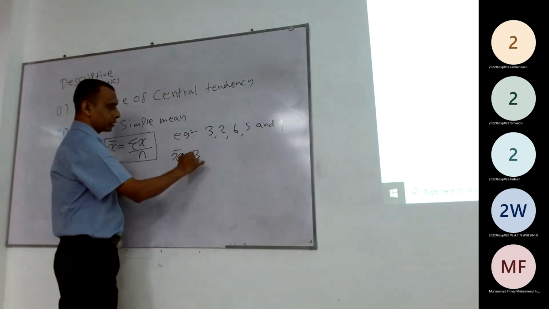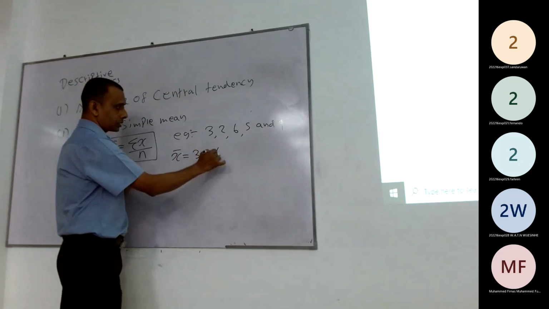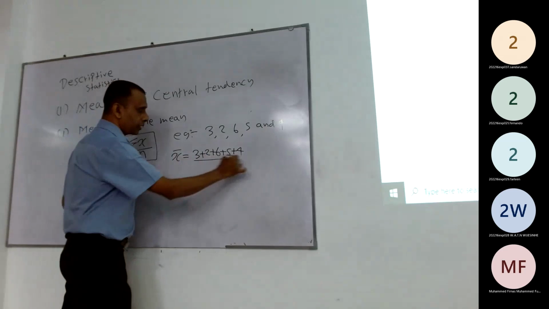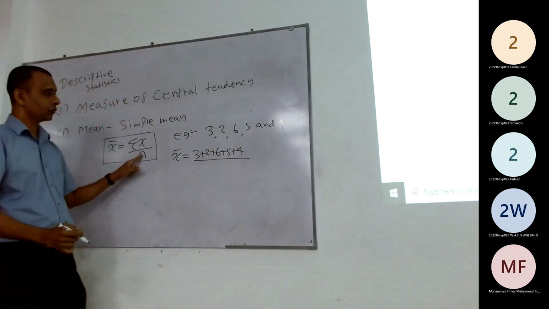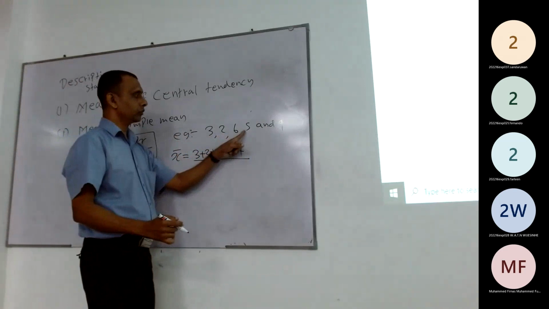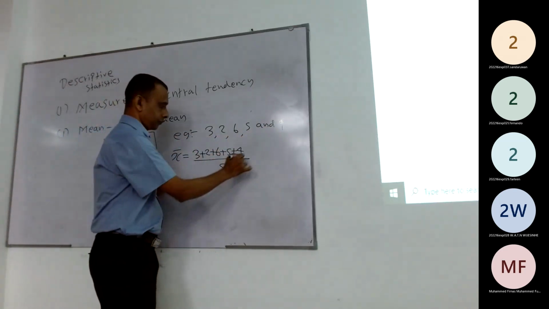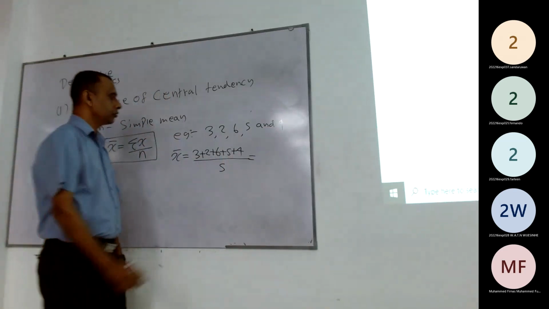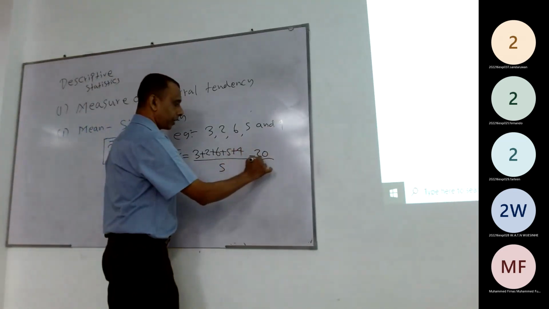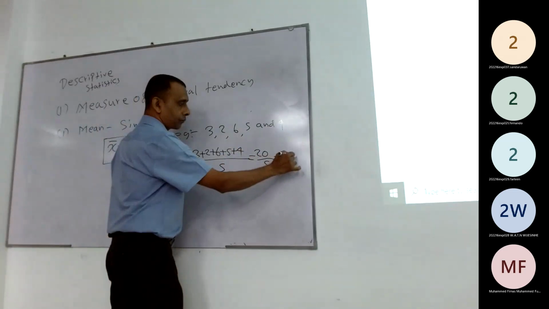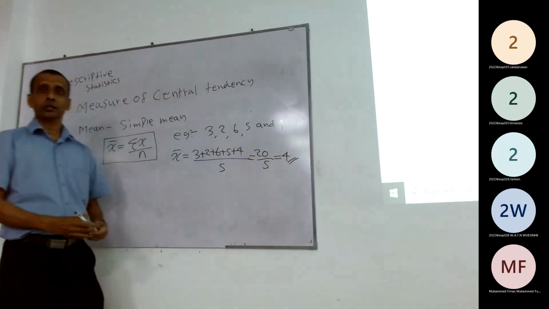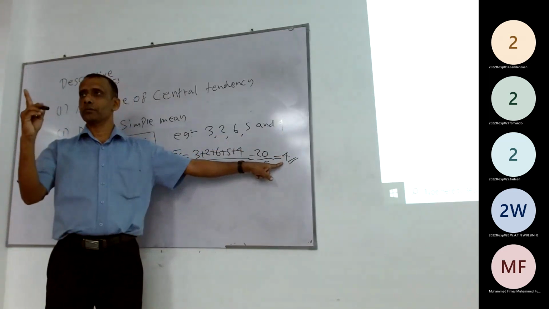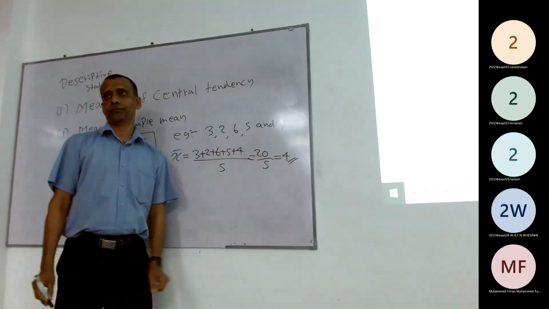Sigma x means 3 plus 2 plus 6 plus 5 plus 4, divided by n, the number of observations: 1, 2, 3, 4, 5. Right, 5, 10, 16, 20. 20 divided by 5, the answer is 4. To represent all these observations with one value, the measure of central tendency is 4.